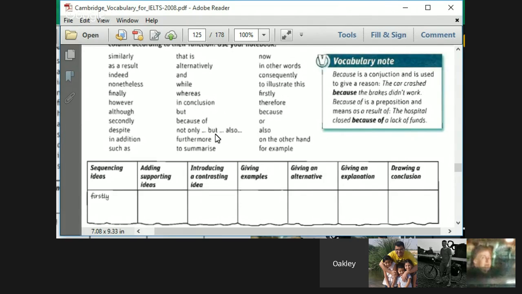Not only, but also. Oh, not only this, but also that. Okay. Not only is he crazy, but he is also dangerous. Okay. Michael, what is that? Not only is he crazy, but he's also dangerous. Adding supporting ideas could be. Yeah. Okay.